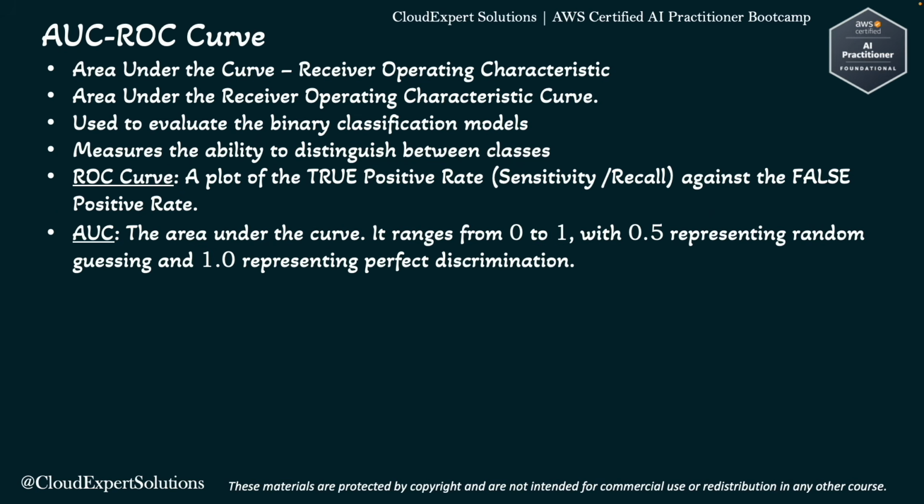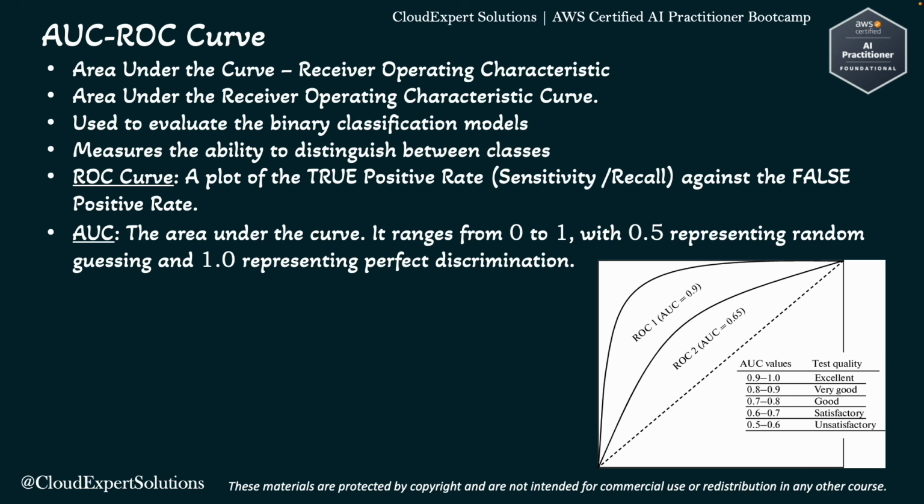Whereas AUC is the area under the curve, and it ranges from 0 to 1, with 0.5 representing random guessing. For our case, 0.5 is the dotted line. If the model is showing an AUC of 0.5, that means the model is not predicting, it is just guessing. And if it is close to 1, that means the prediction is perfect.